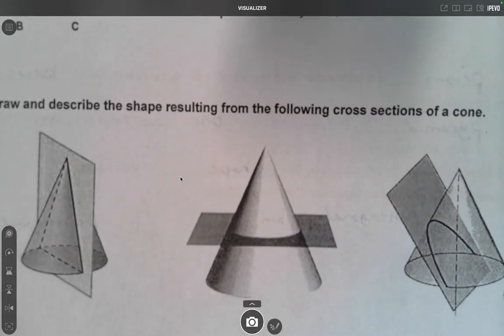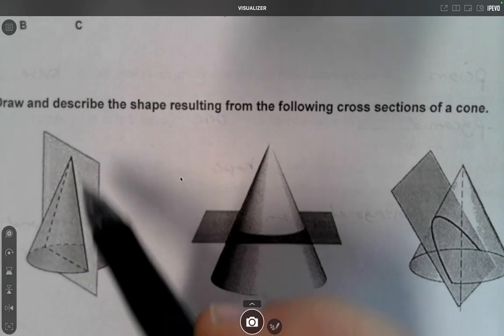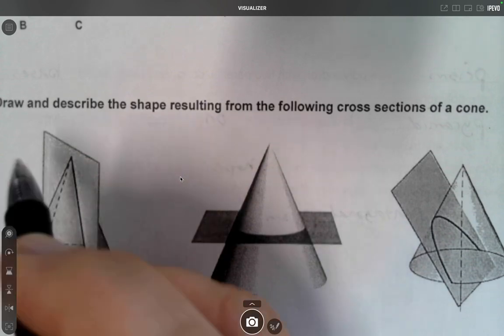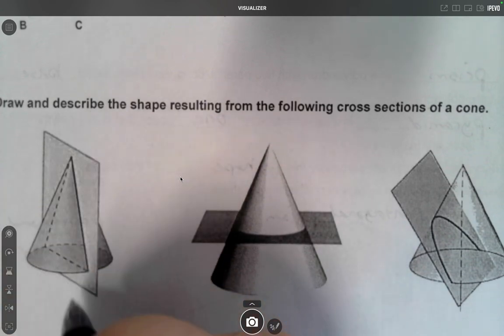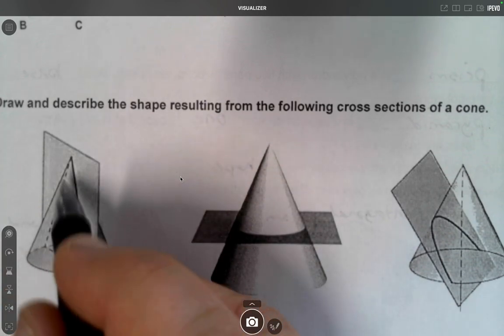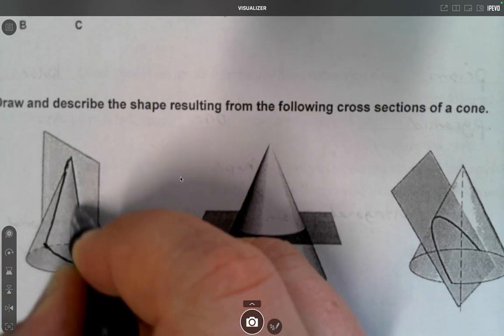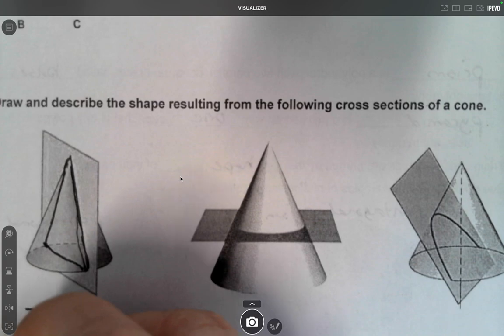Now, the last part, I'm going to put a video in the description of this. There's another YouTube video in the description that I think helps you visualize this more. But when we cut a 3D shape with a two-dimensional plane, think about taking a slip of paper and cutting it through. It makes a certain shape. So for example, this one, when it goes through this cone, it creates a triangle.